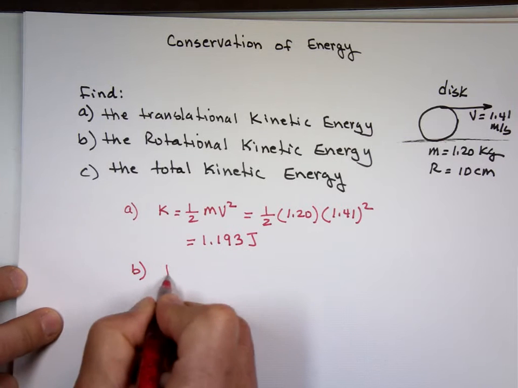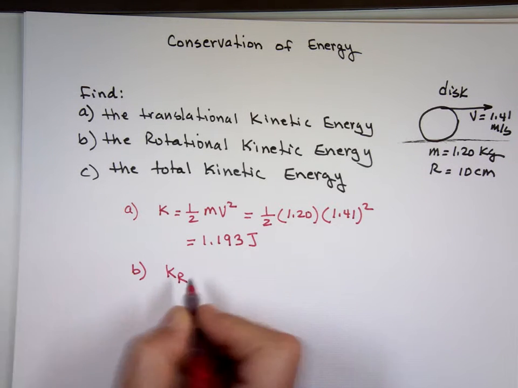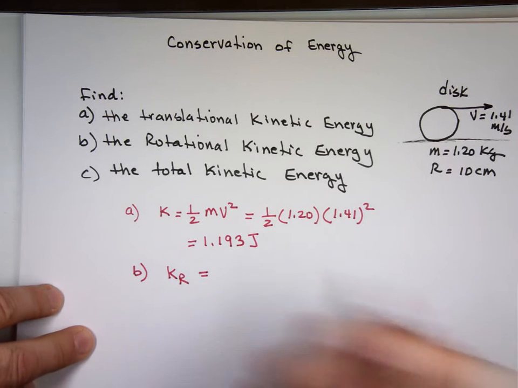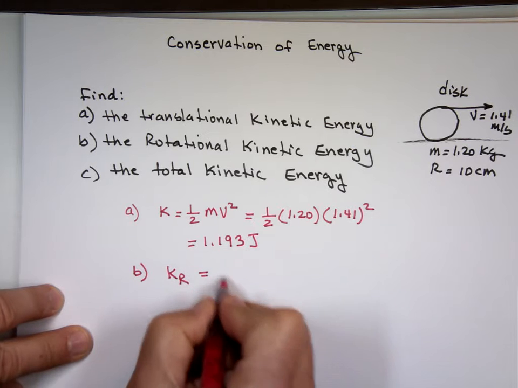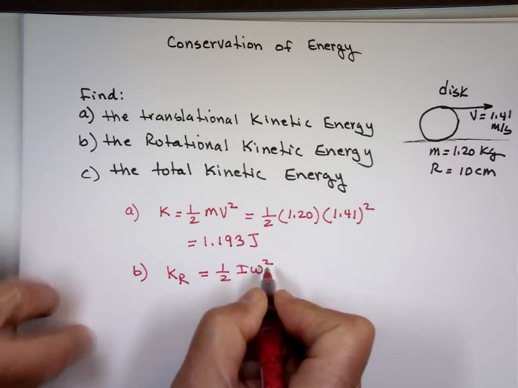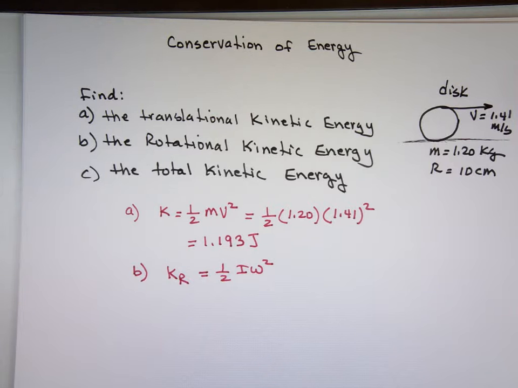The rotational kinetic energy, I use Kr. It's 1/2 I w squared. Now I have a little problem. I have no idea what I is, and I have no idea what w is.